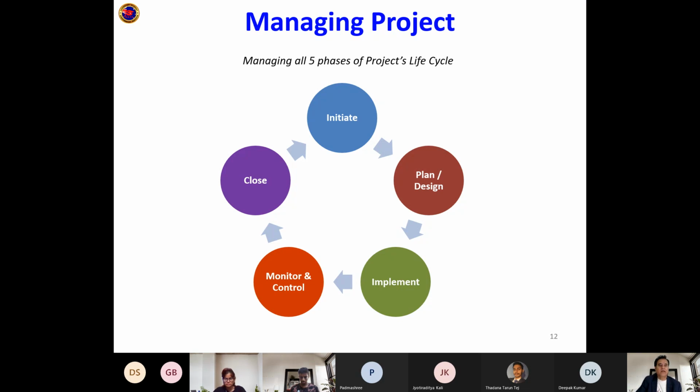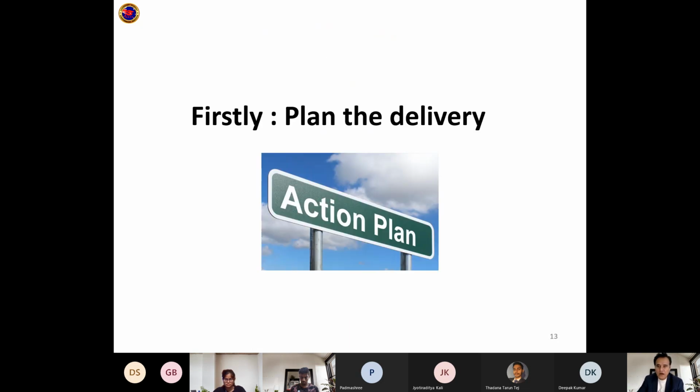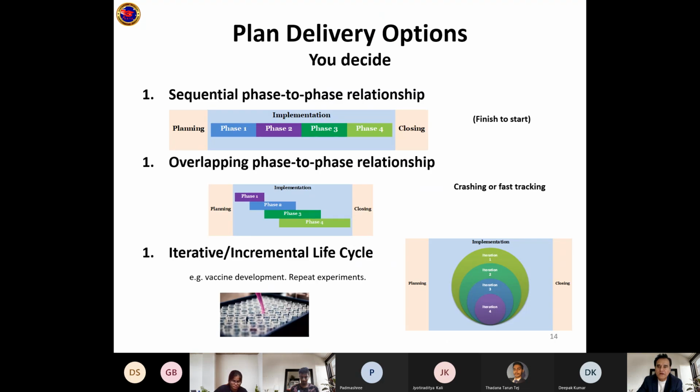Clear? Now that we've learned these 2 very important functions, we will see what you will do as a manager. First, you will plan the delivery, which we've already seen. Now, I'm going to introduce a simple concept. There are 3 types of planning you can have to deliver your project. The first one is called sequential planning.